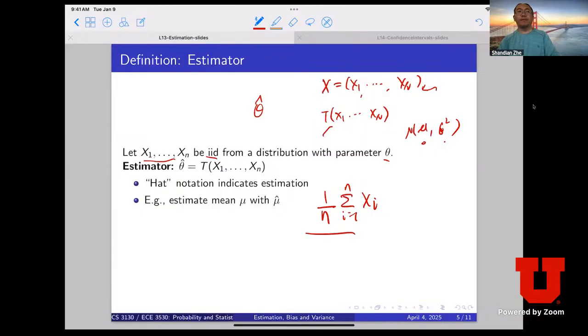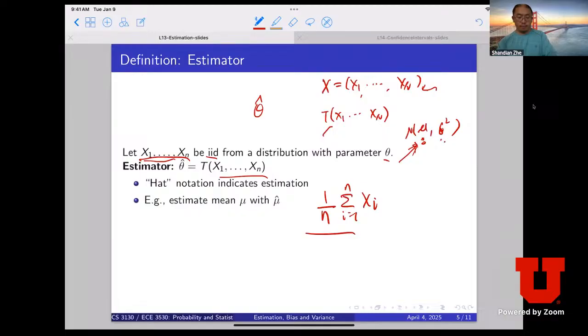What should we do? We want to construct an estimator. Suppose you do some random experiments and collect a sample of size n, which consists of n random variables following the same distribution. You want to infer the parameters of this distribution, mu and sigma square, from x1 through xn. This is called estimation, or more formally, statistical inference.